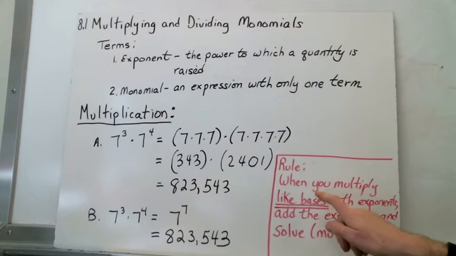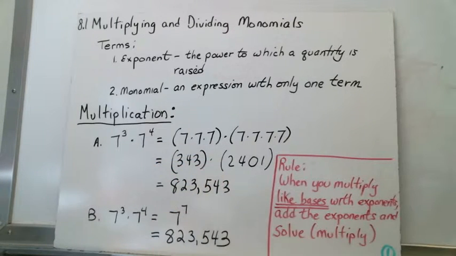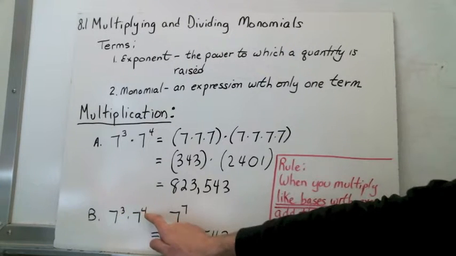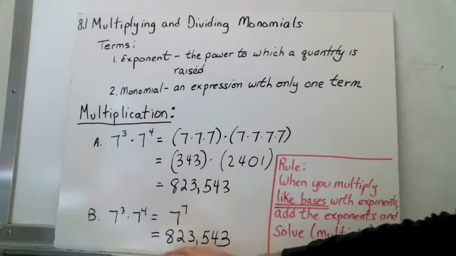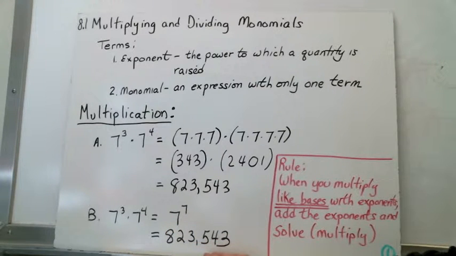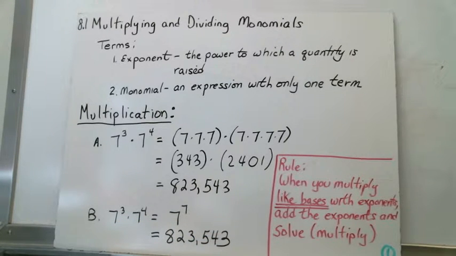And our rule is, when you multiply like bases, the bases being the sevens, the numbers that are being raised to a power, when you multiply like bases with exponents, add the exponents and solve. So we added 3 plus 4 is 7. And then we have 7 to the seventh power, and we get 823,543. Okay? Note, you must have like bases in order to add the exponents.